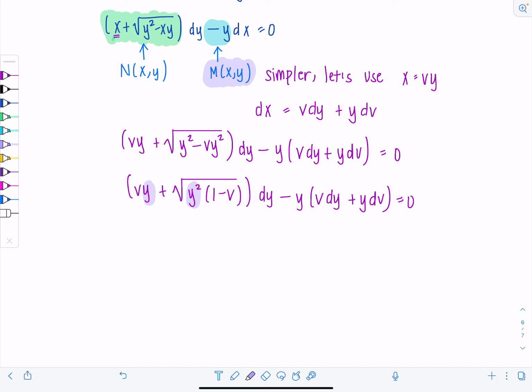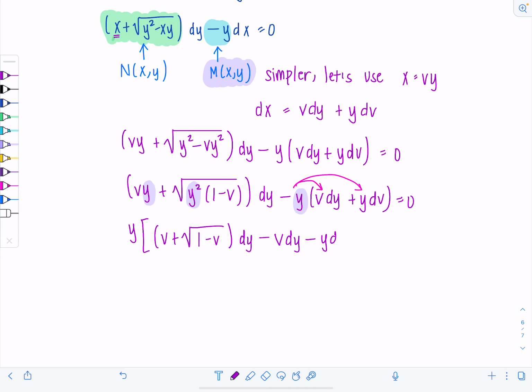Rad y squared, I can factor that. So let's pull out a y from everything, and then we're left with v plus rad 1 minus v dy minus, let me go ahead and distribute now, that negative, minus v dy minus y dv, and this is all equal to 0.